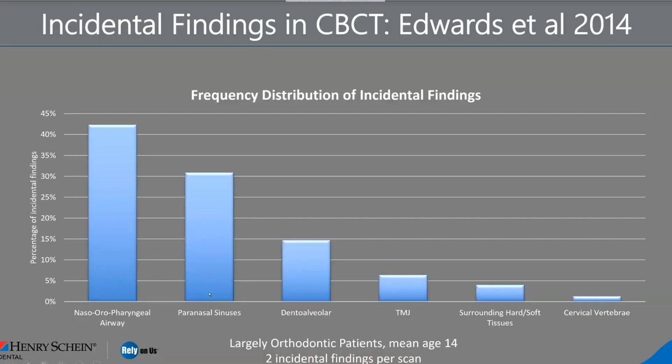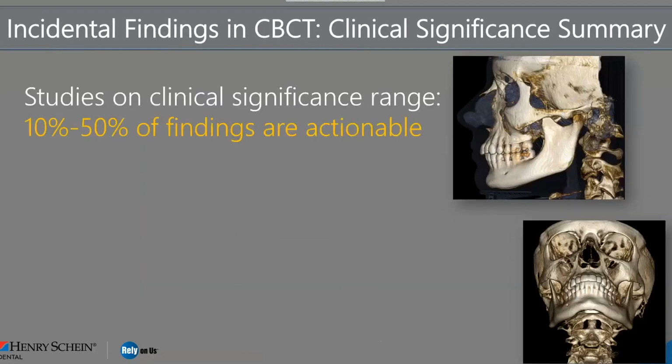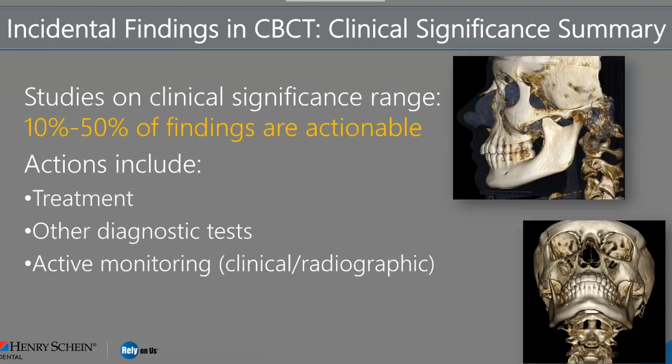So this tended to be the larger area for incidental findings. What do we do with those? Well, the studies have a very broad range. They say 10 to 50% are actionable. It's a pretty large range. Probably on average, about 30% are actionable. And those actions would include treatment, maybe other diagnostic tests, active monitoring, or referral.